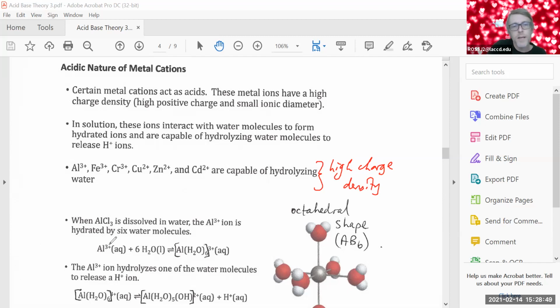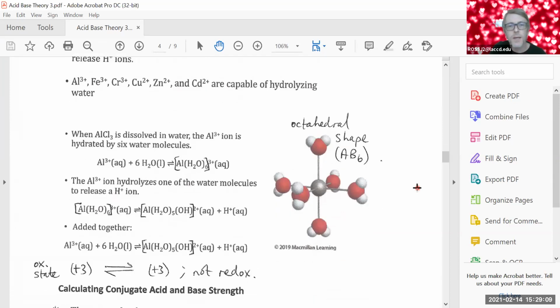So, for example, we take an aqueous solution of aluminum. Well, that's going to immediately be in the bulk water, and it's going to form a hexa-aqua aluminum complex. I'll have to scroll so you can actually see it.